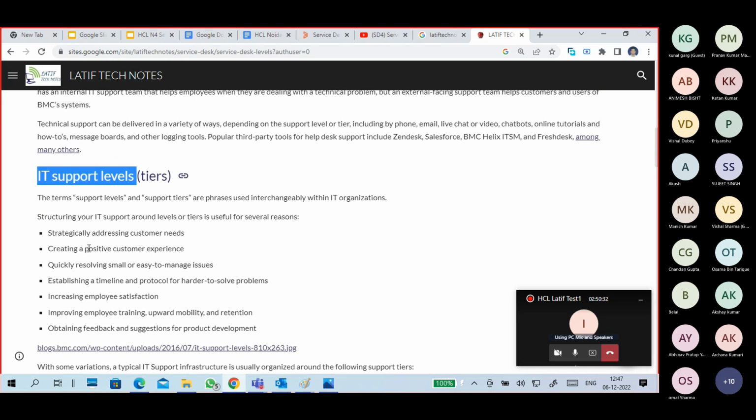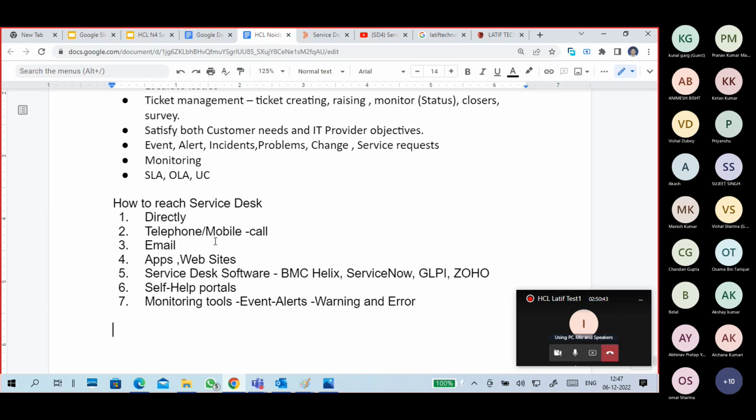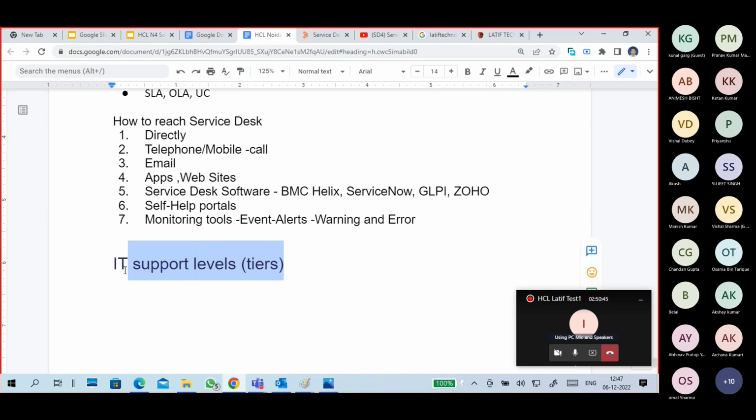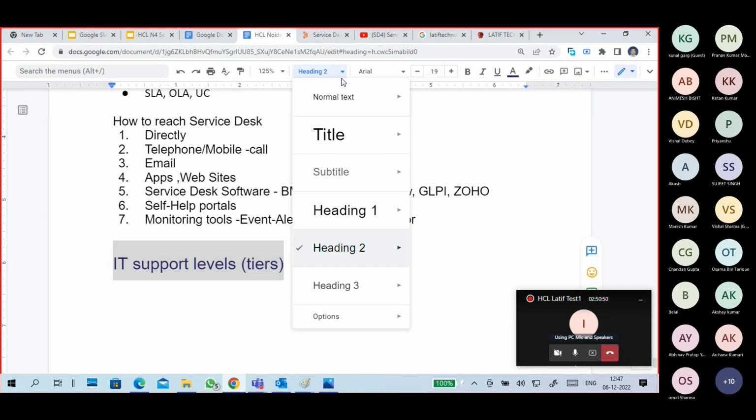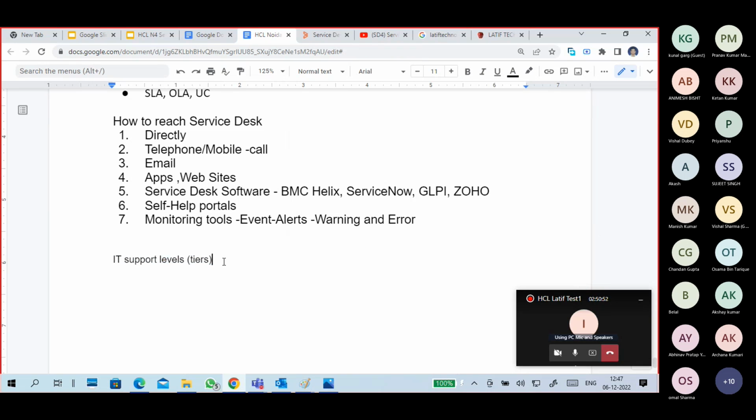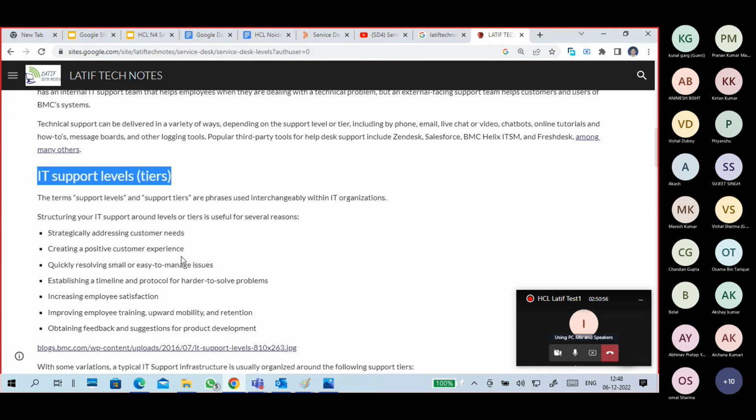What I'm trying to say is, for any service desk, just for noting purposes, I'm giving only a few pieces of information. What's the time now?